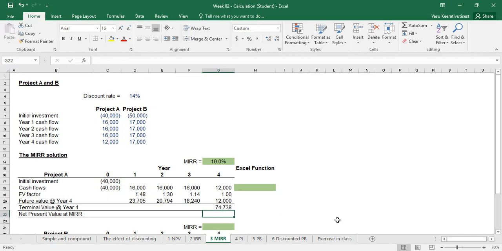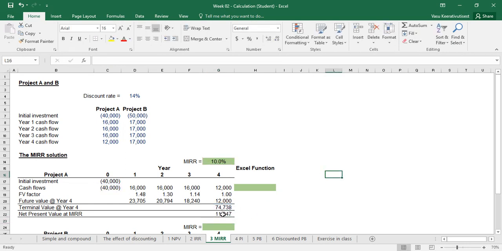So I need to calculate the present value of this one, divided by 1 plus, and I click on this MIRR, and then it is discounted by 1, 2, 3, and 4 periods, and then close the parenthesis and plus the initial investment like this.